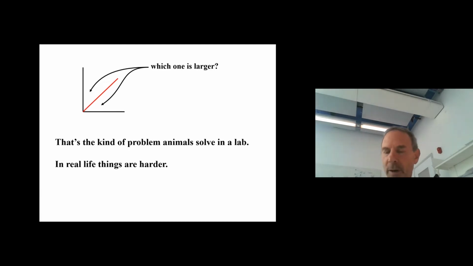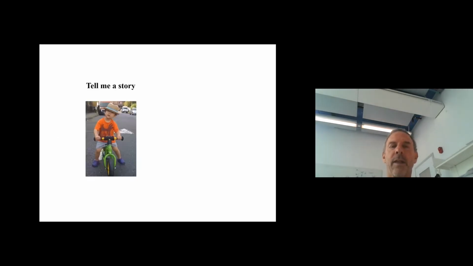But real life things are harder, and I personally am interested in the really hard problems that humans do, the problems that humans are good at, but computers are really bad at. So for instance, here's a kid, tell me a story. This is something you could easily do, right? So we know it's a kid on a bike, it's an urban environment, bad parents, summertime probably. You can make a whole list, right? You might even recognize that street.